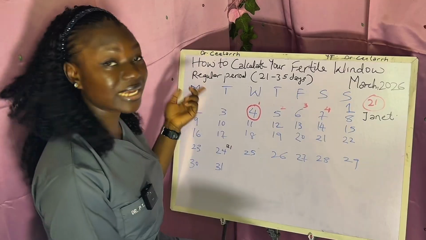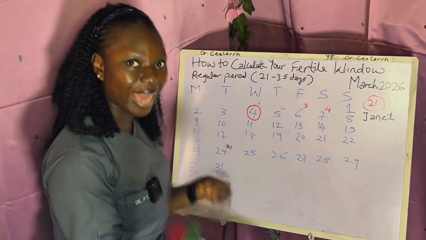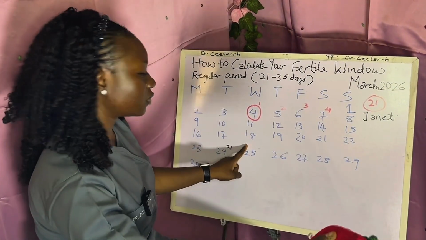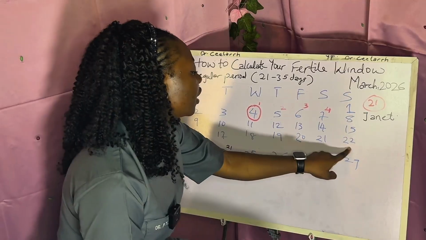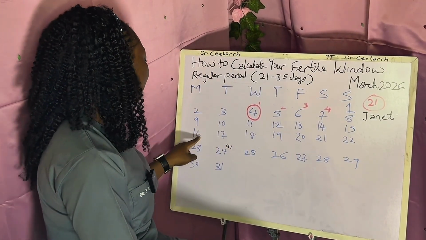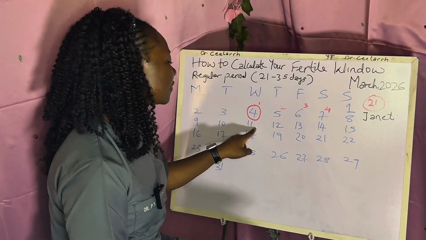So let's count. I'm taking my time to explain this one so that the other ones can be easier for us, okay? Now, this is 25th. That's the beginning of the next cycle, right? So 14 days before this day, we have 1, 2, 3, 4, 5, 6, 7, 8, 9, 10, 11, 12, 13, 14.